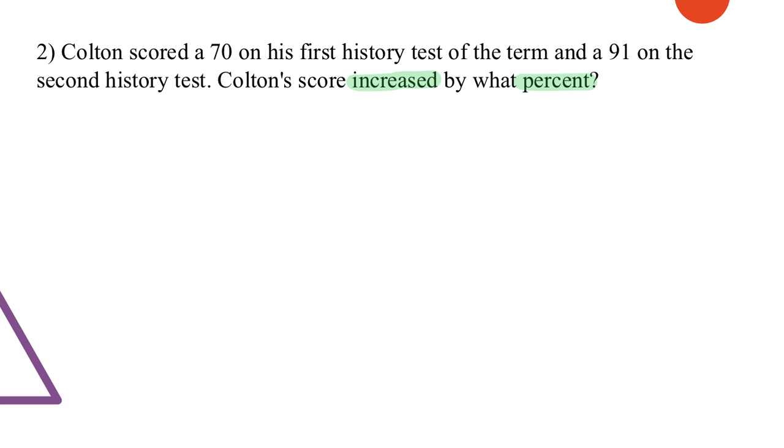What do we need to find first? Got to find the part, which is how much our numbers changed. 91 minus 70 is 21. So we had an increase of 21 points. From what original number? 70.